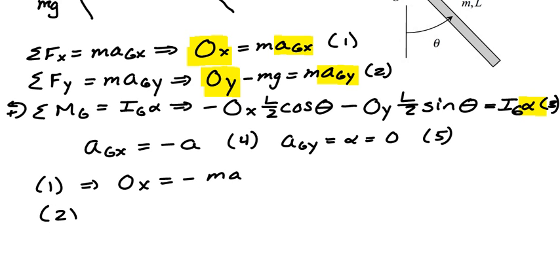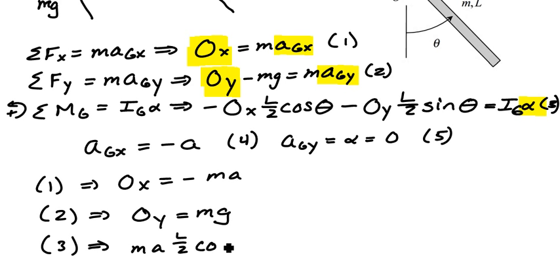From equation 2, Oy should equal mg. If I plug both of these into equation 3, along with the fact that alpha is equal to 0, I get ma times L over 2 times the cosine of theta minus mg times L over 2 times the sine of theta should equal 0.